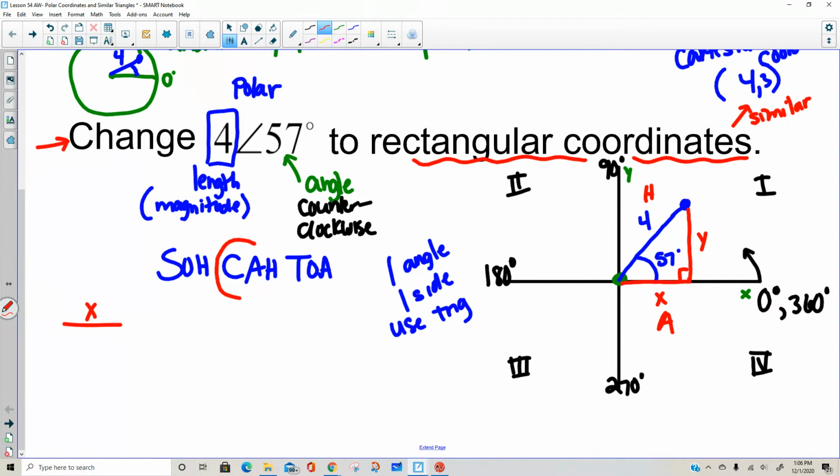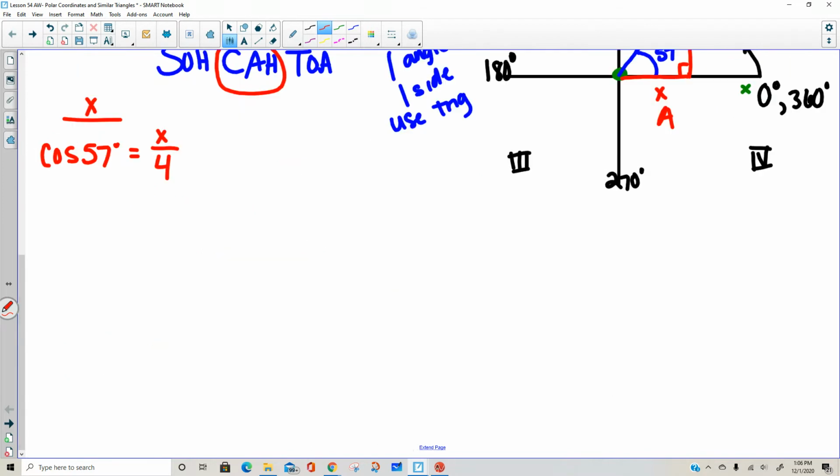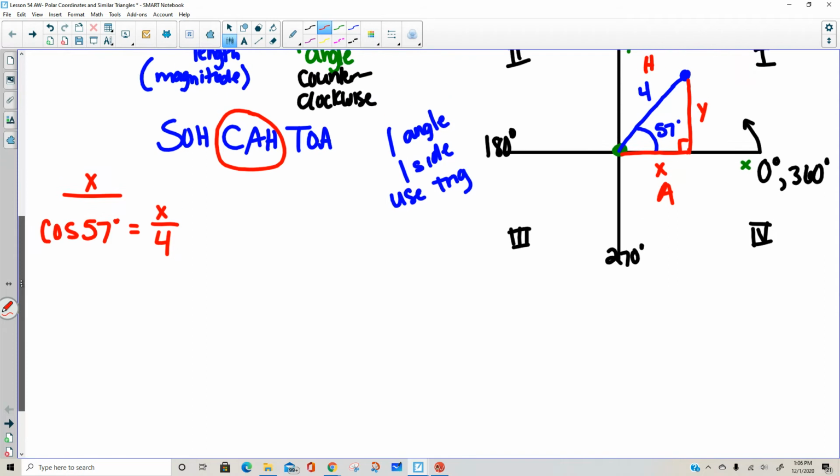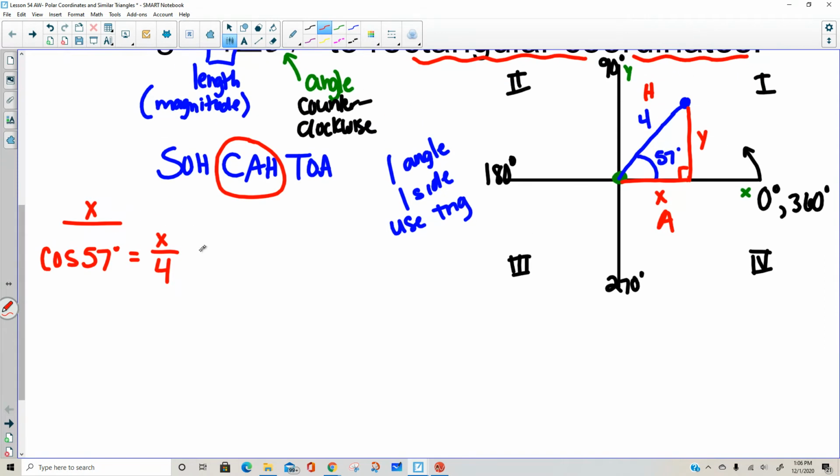That indicates cosine. So we'll set this up by saying the cosine of my angle, 57 degrees, is, so the cosine of an angle is a ratio. It's the ratio of adjacent side X over hypotenuse 4. And then to get X by itself, we multiply both sides by 4.